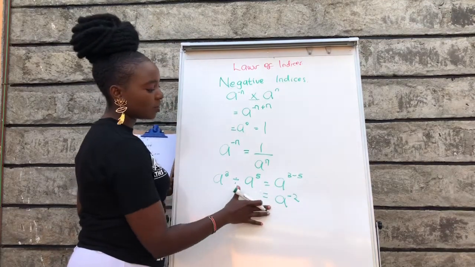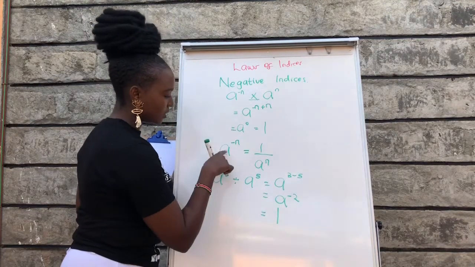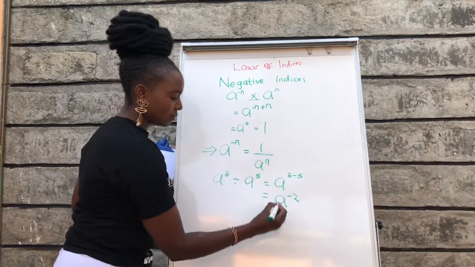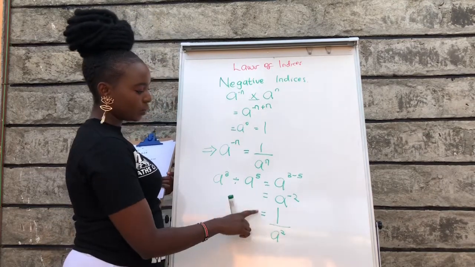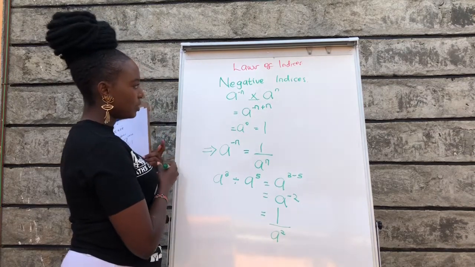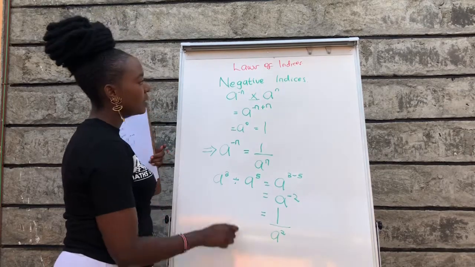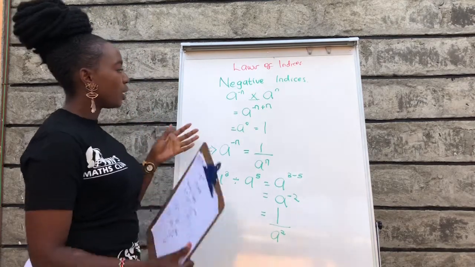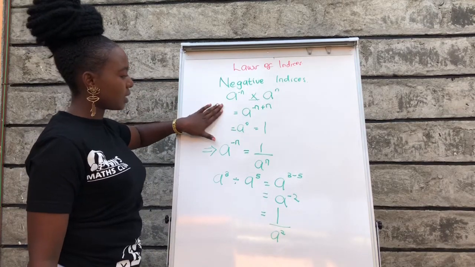Instead of writing your answer as a raised to negative 2, you can choose to use this concept. It becomes 1 over a squared. So you can choose to use this concept and leave your answer as this. So there we've looked at the negative indices, and we've seen how it comes about when you're given such negatives.